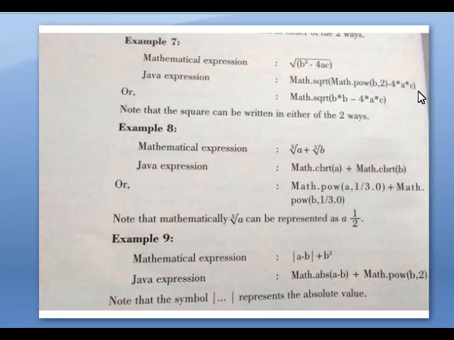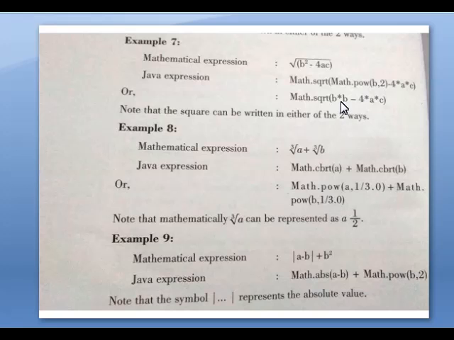Otherwise you can write it like this: Math.sqrt of b * b, because the power is small, so no need to use the function Math.pow. If it is a big number we can use it; otherwise for 3 powers or 4 powers you can use the same approach. You have to write b * b - 4 * a * c.